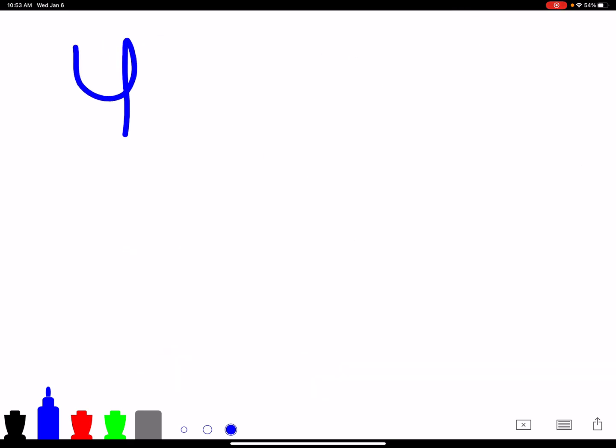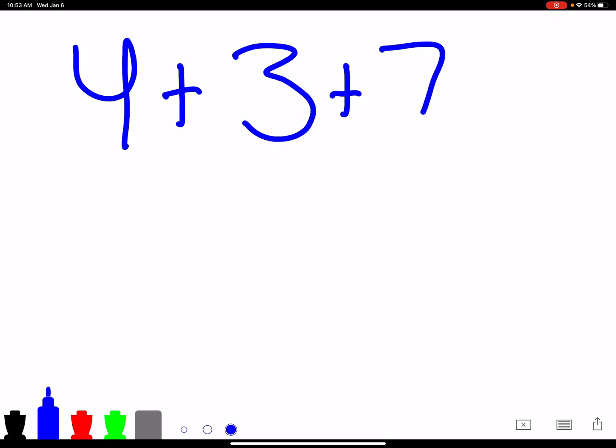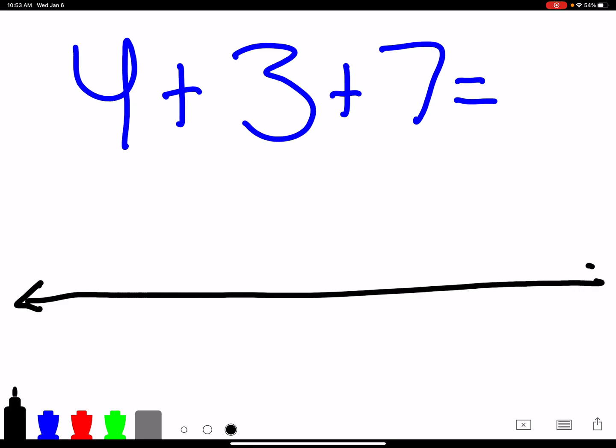So we have 4 plus 3 plus 7 equals blank. So last time we did the dots method, we can use the number line for this example. So I'm going to draw a number line.